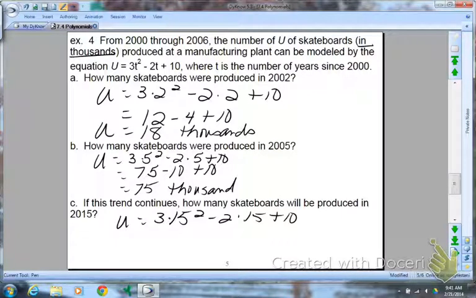Now here's where a calculator definitely comes in handy. 15 squared is what? 225 times 3 is 675, minus 30 plus 10 is 655. And that's 655,000.